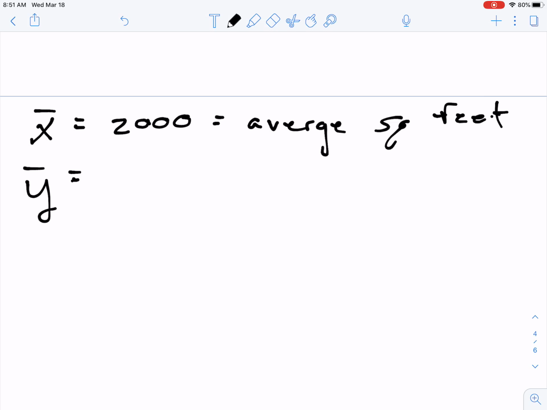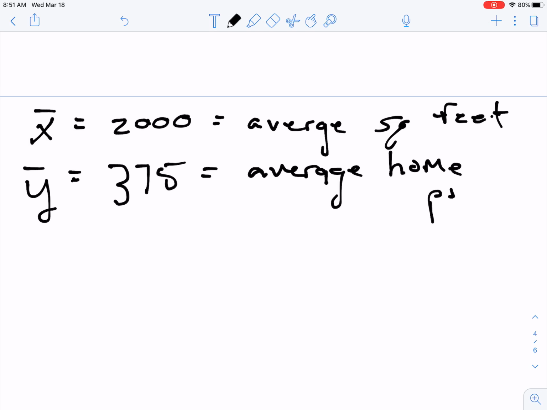Well, we already plugged in the value 2,000 above into our equation, and what did we get? We got $375,000. And it turns out because this point is always on the graph, we know that that is the average home price. Okay, so this point is always on the graph.